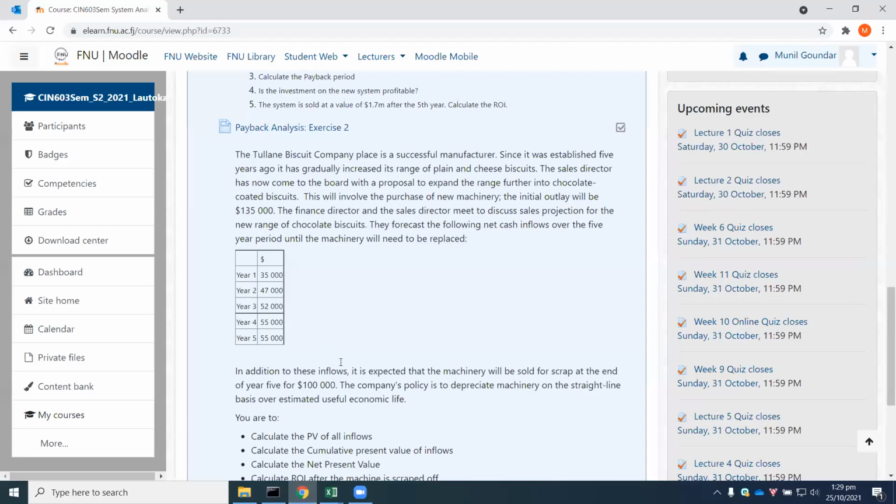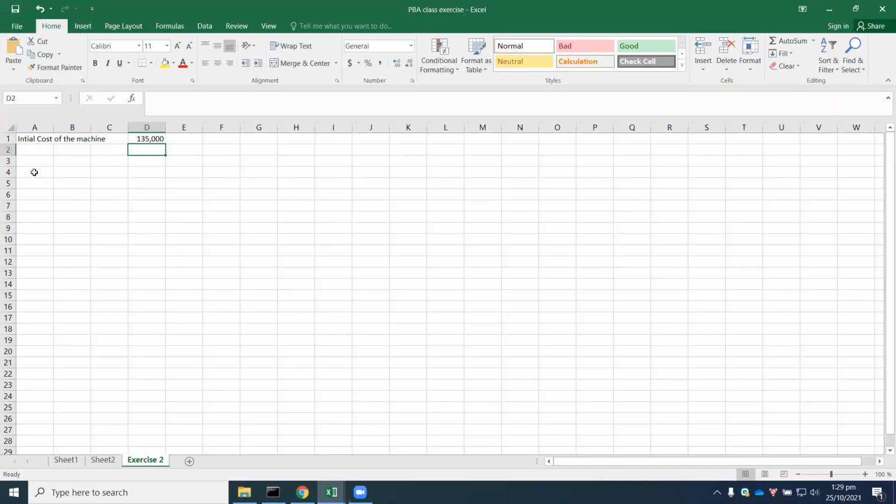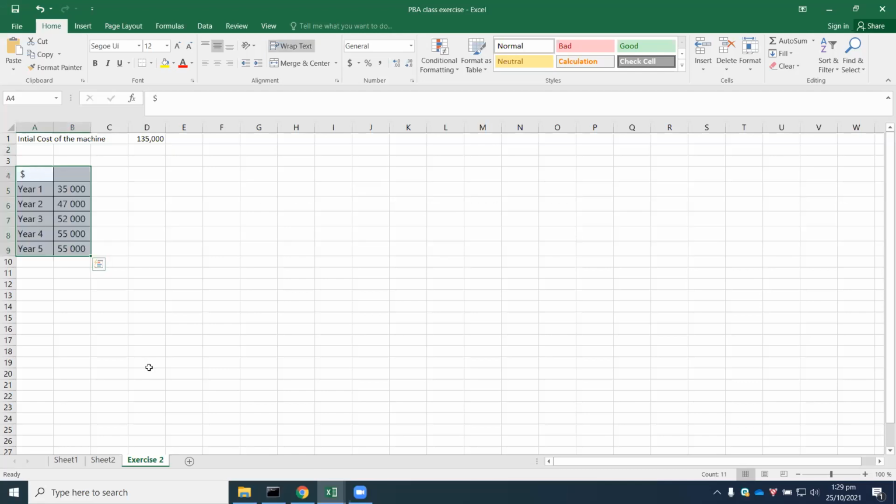Now, is there any discount rate or depreciation rate given in this exercise? No, it isn't. If not, don't worry about it. And then we have these values. So I will quickly go and enter these values in here. So there you go.